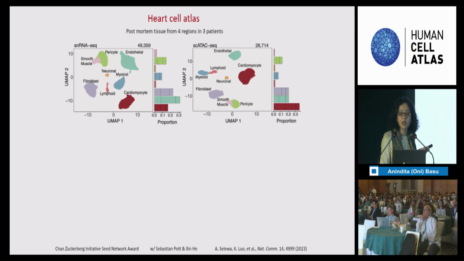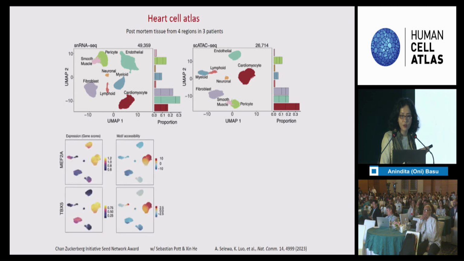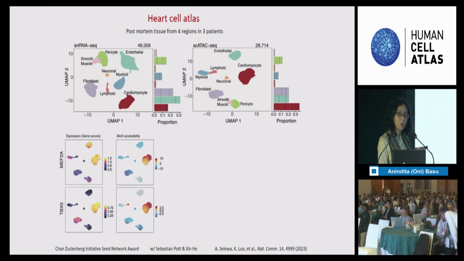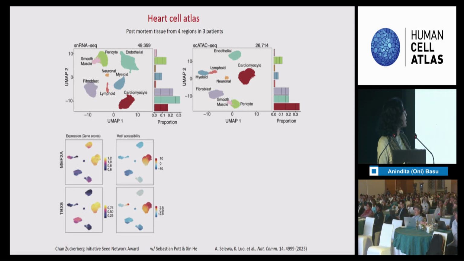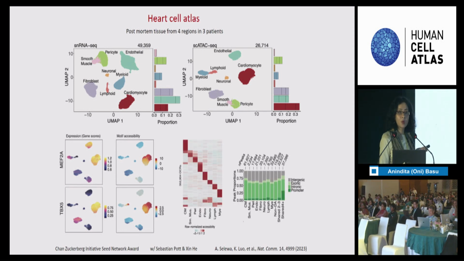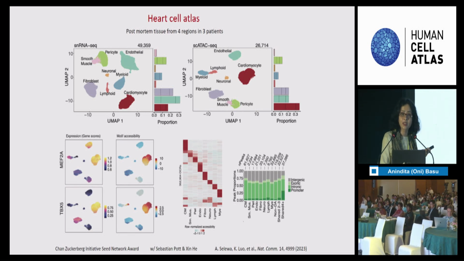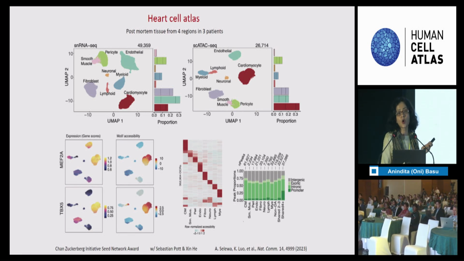For example, here are two genes that show both expression levels and motif accessibility, so transcription factors that are in the open chromatin regions, and they match very well. We are also interested in looking at open chromatin regions in cells and comparing these open chromatin regions.